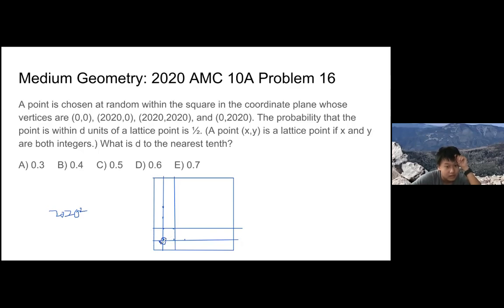So like this, for example. Importantly, you'll notice that each square is identical in this sense, which means it suffices to only consider one of these unit squares, because you're tiling this unit square 2020 squared times.